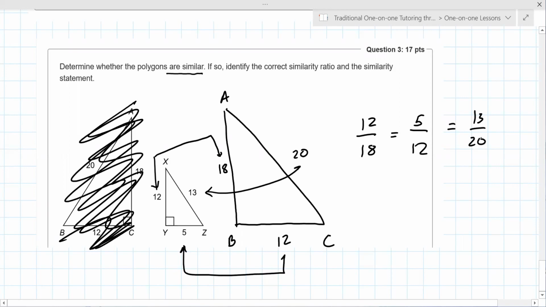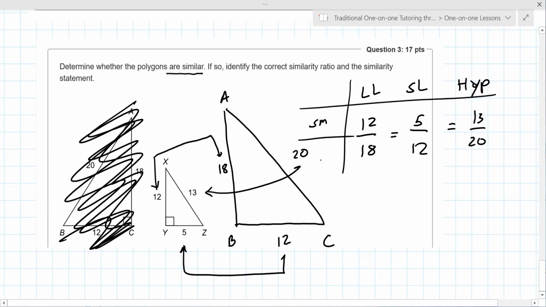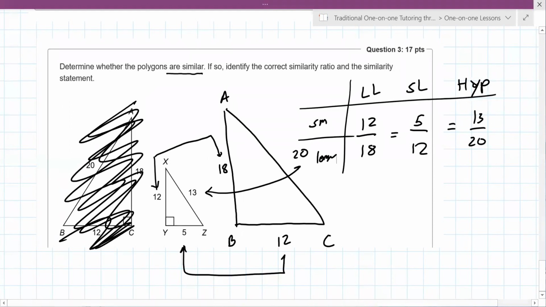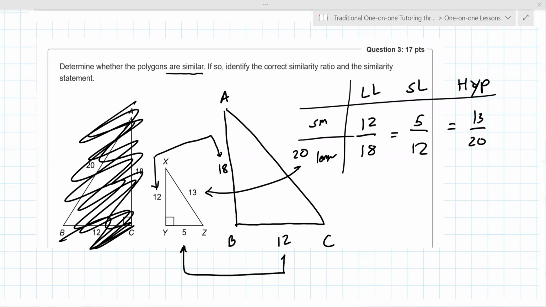So notice I'm doing the long leg, short leg, hypotenuse, and I'm making a table again. This is the smaller triangle and then the larger triangle. Do you see where those numbers came from? Now is 12 over 18 the same as 5 over 12? No, it is not. So the answer is no, the triangles are not similar.